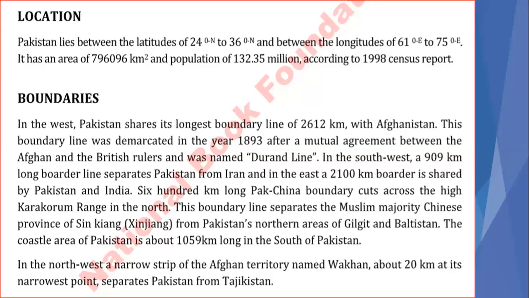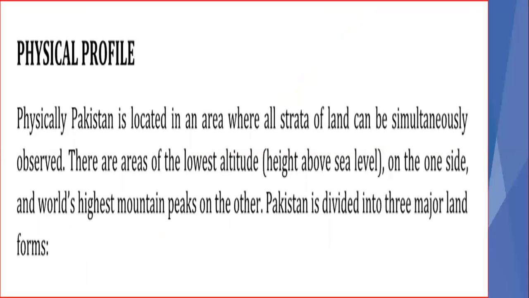Physical profile. It can be asked in a short question: name the physical features of Pakistan, or name the major landforms of Pakistan. There are areas of lowest altitude above sea level on one side and the world's highest mountain peak on the other side, and it is divided into three major parts.